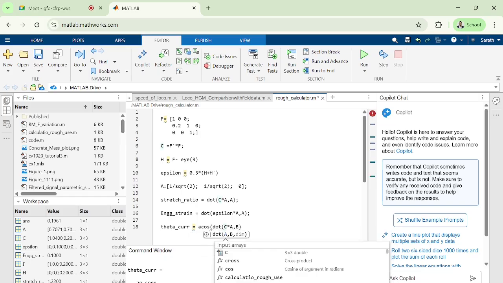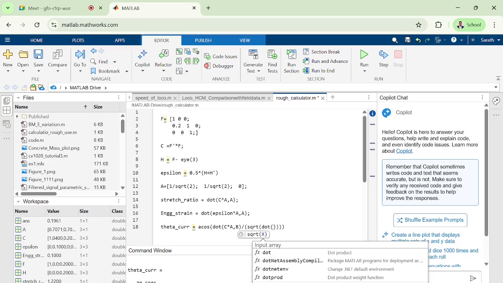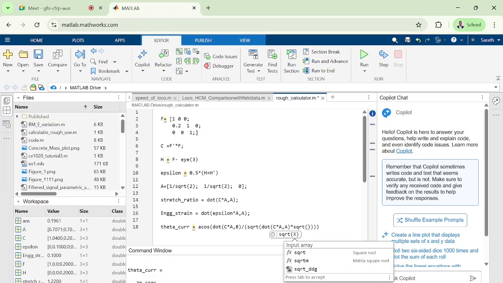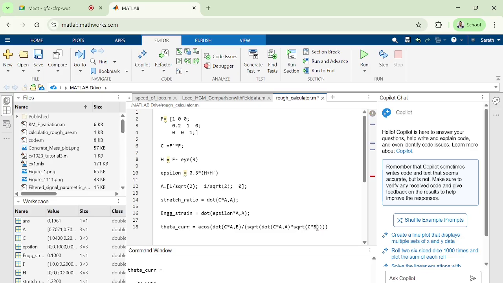So dot of CA, B, and the numerator is done. The denominator is the square root of dot CA dotted with A, times the square root of CB comma B. That's it.